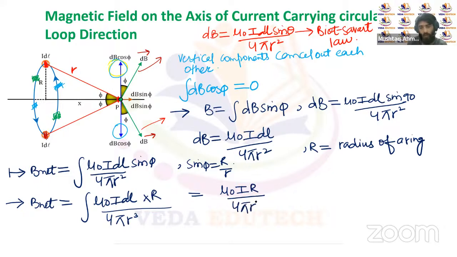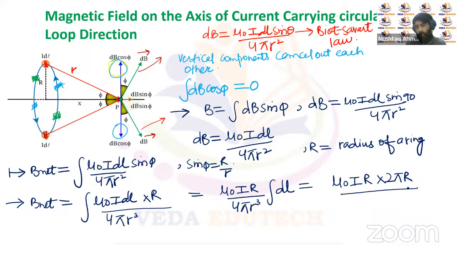Now what is the integral of dl? It is the circumference of this circular loop, which is 2 pi R. So we get mu naught I R into 2 pi R upon 4 pi r cube. Pi and pi will go, and we'll be left with 2.